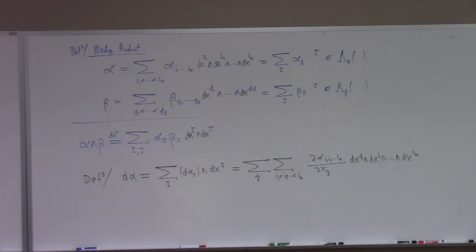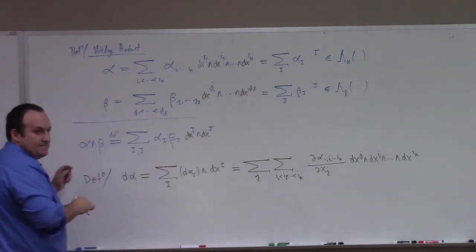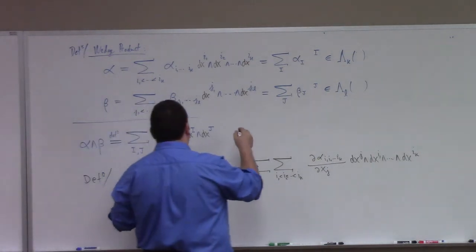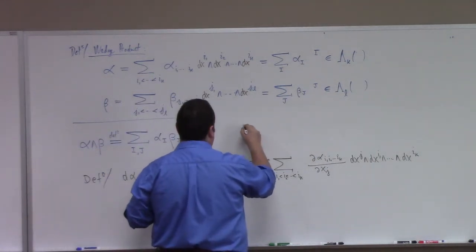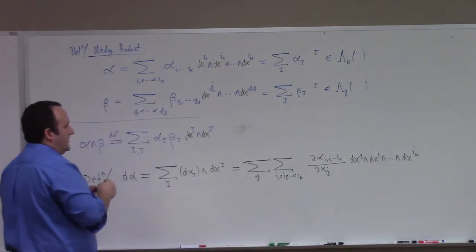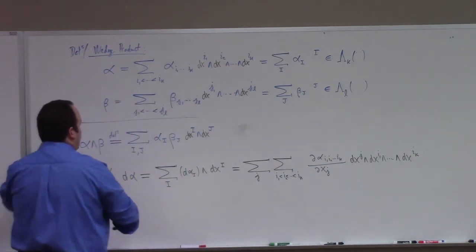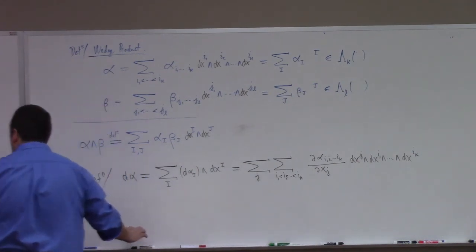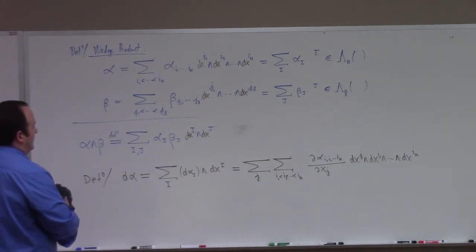But you can prove other things, right? Like we can calculate the exterior derivative of a wedge product. What would happen if we calculate the exterior derivative of alpha wedge beta? So let's see here, where should I do it? I think I'm going to erase this mess up here. I will regret that.